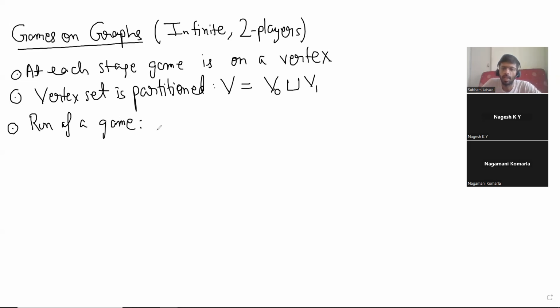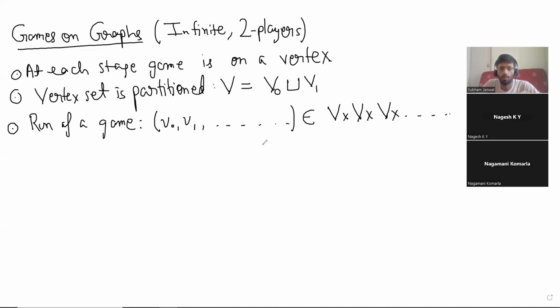It is an infinite game, so a run of a game would be just a sequence of vertices, which basically means an element in this infinite Cartesian product. This was a run of a game.